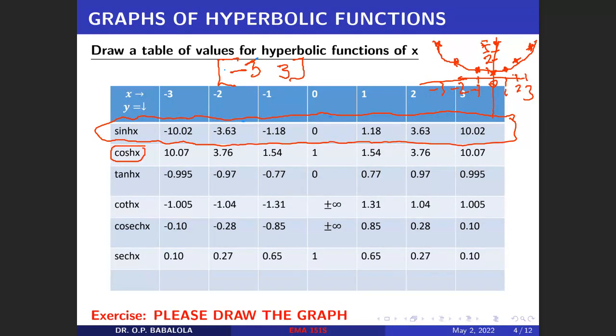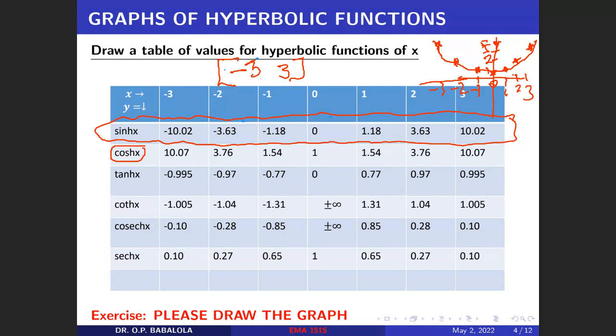And that goes on till I get to when x is 3, where the corresponding value is 10.07. If you look at this curve, it has no turning point around 0, right? It goes from 10.07 and turns at 1. So this is how the curve of a cosh function looks like, all right?